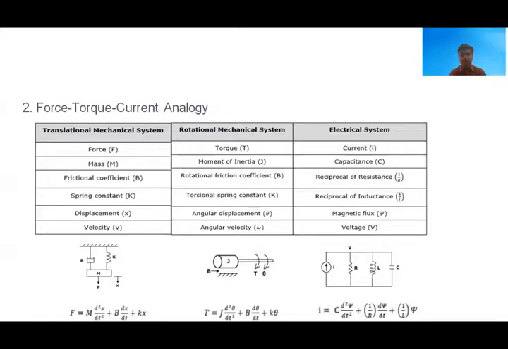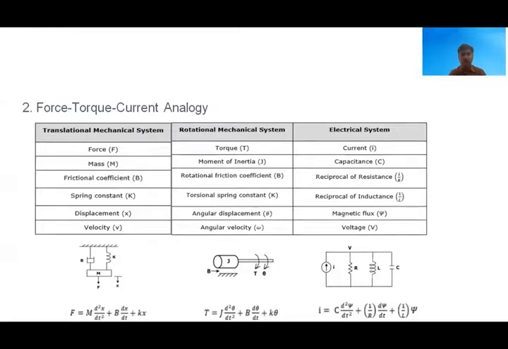And the basic components like moment of inertia J, rotational friction coefficient B, and torsional spring constant K are analogous to the capacitance C, reciprocal of resistance 1 by R, and reciprocal of inductance 1 by L.